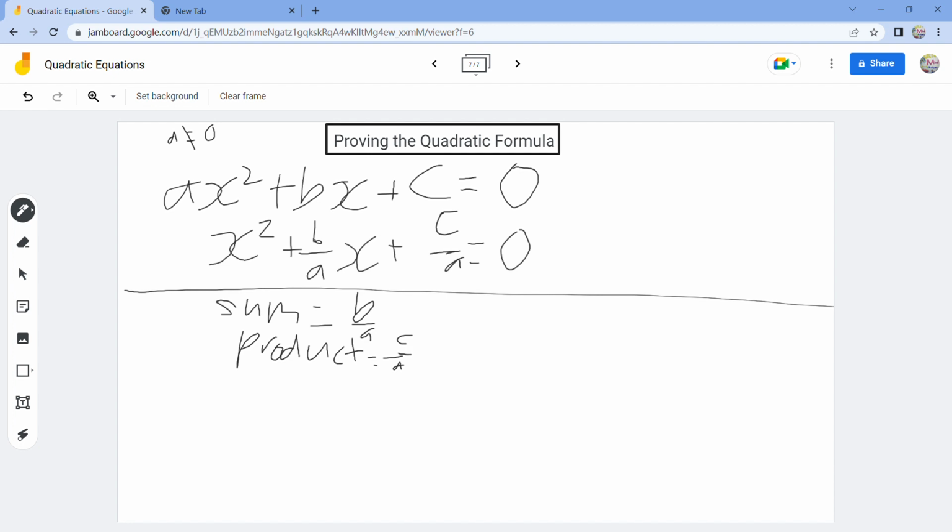Okay, so the sum equals b over a, and then the product equals c over a.